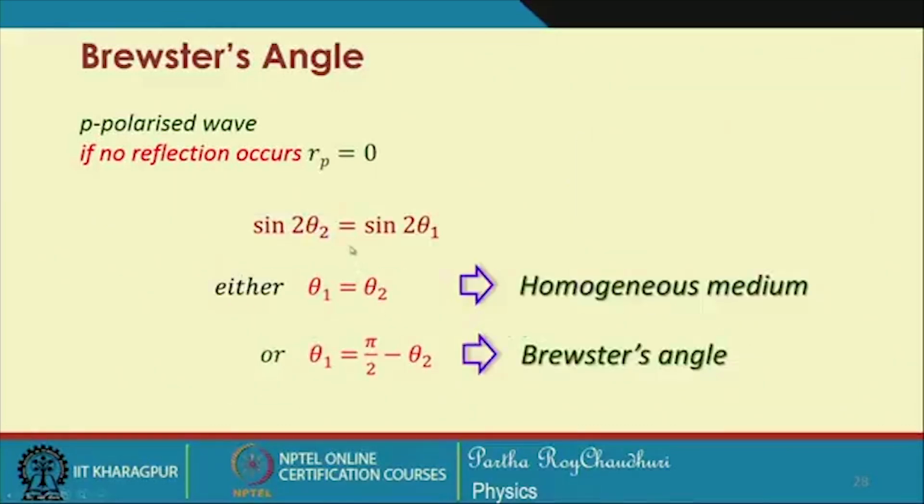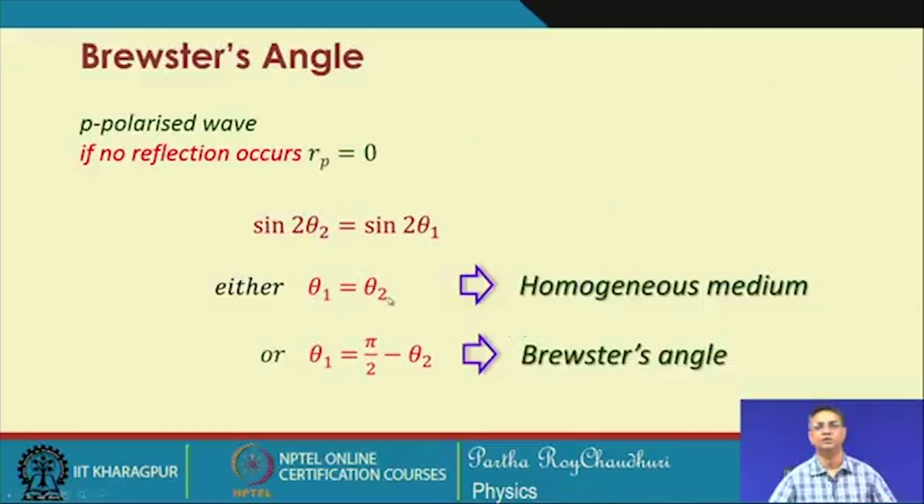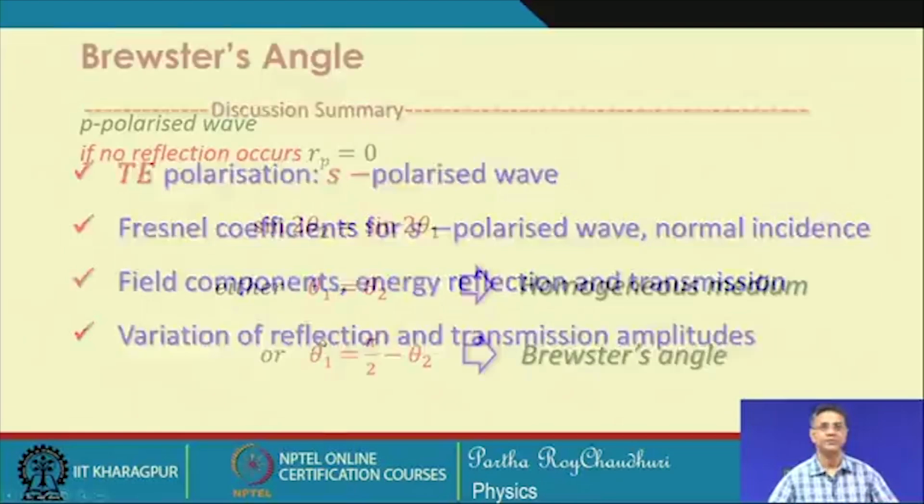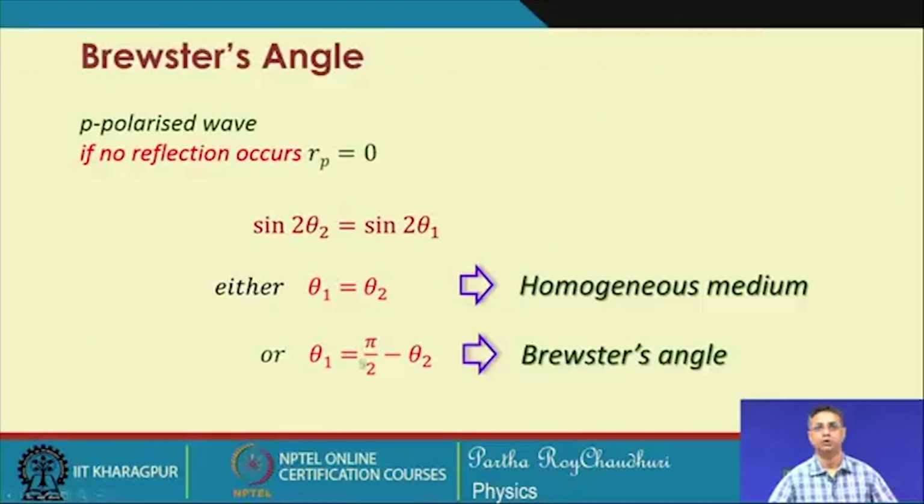This will give you two possibilities: either theta 1 equal to theta 2, which means there is no interface, it is all one continuous medium and the wave does not get bent or distorted, so it emerges straight along the same direction; or theta 1 is equal to pi by 2 minus theta 2, which also satisfies this equation. That tells you theta 1 plus theta 2 equal to pi by 2, which is the condition for the Brewster's angle.